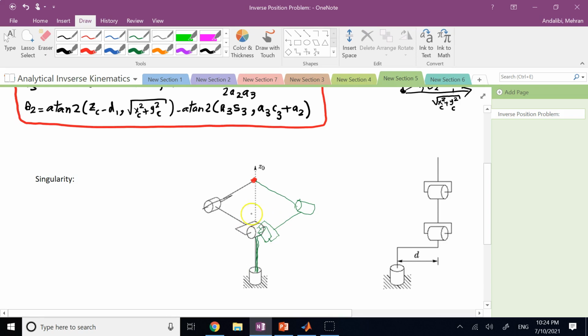And it can go all around, so theta 1 can take on any value you want, as long as your theta 2 stays literally the same angle, and theta 3 stays at the same angle.